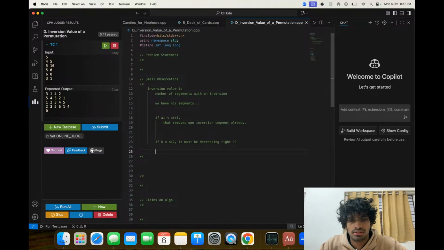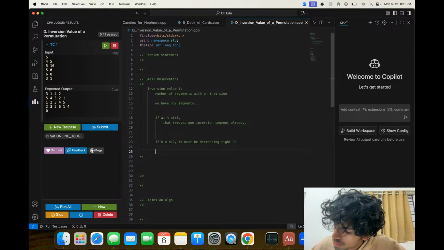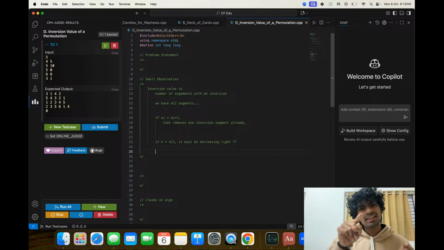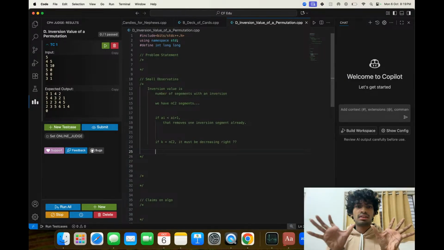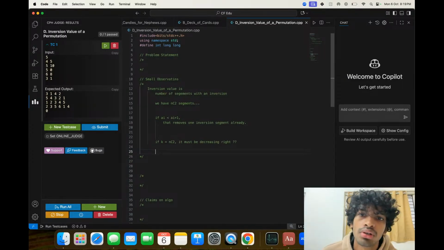Or else, one decrease in between can split these two things.